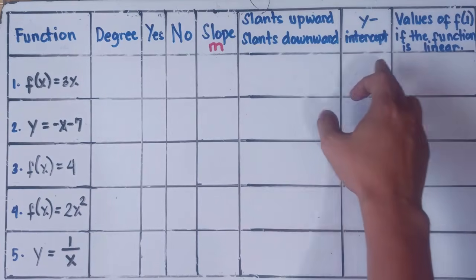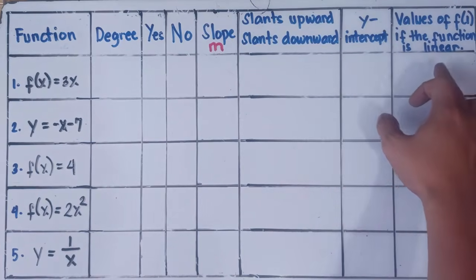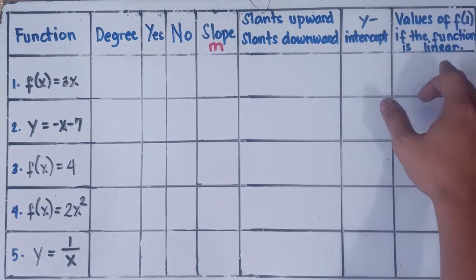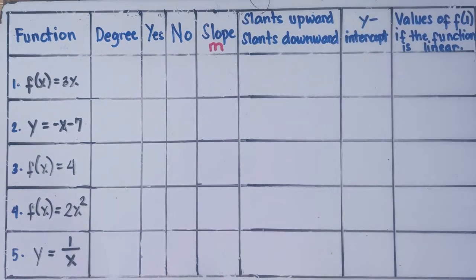Then we're going to get the y-intercept and the value of f(1) if the function is linear. Do not be worried with this one, class, because we will be answering this step by step, and I will give you 10 examples for you to really understand. Before we answer this, we need to understand more with regards to equations.